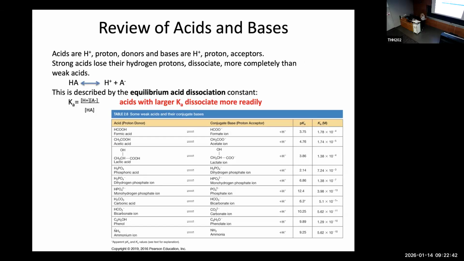Yeah, so it looks like phosphoric acid here has the largest Ka value. And you can relate this directly to its pKa. So what do you think a pKa is relative to a Ka? How would you relate those two? About hydrogen and pH. How do you get that? What's the calculation you do for this? Yeah. Negative log. Negative log, exactly. So it's negative log of the Ka that gives you the pKa.